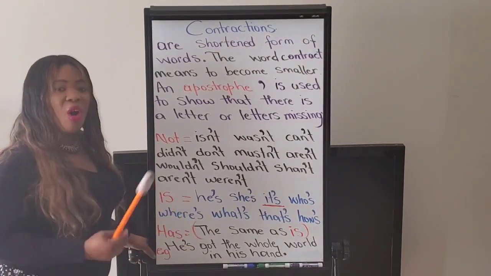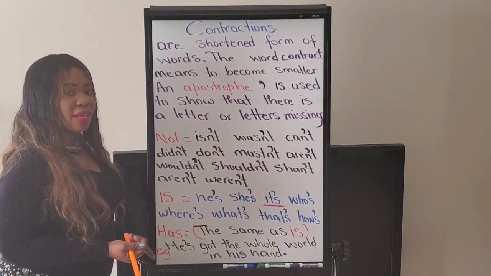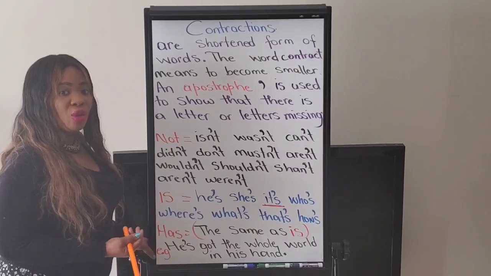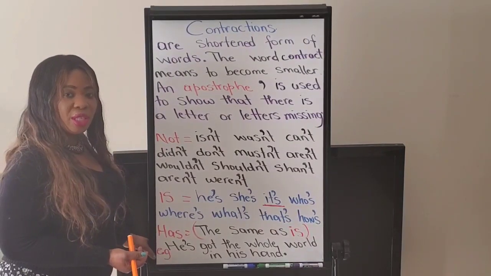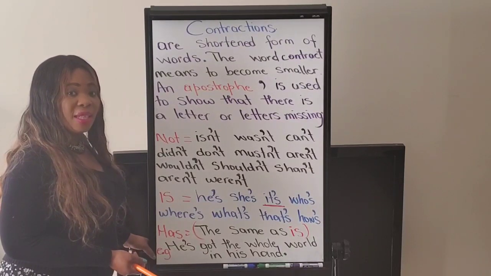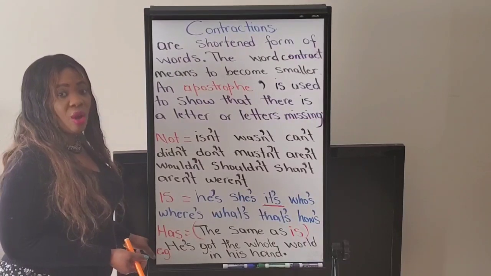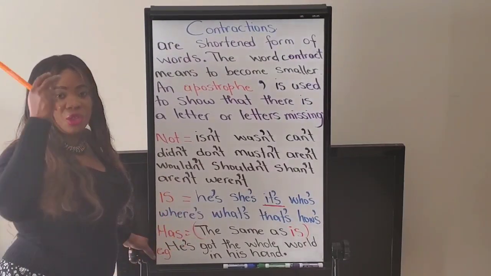So don't go ahead and call what you think should be there. Another thing to note is that contractions are not used in formal writing. If you're writing a story for your teacher, filling out an application, or writing a memo to your principal or someone important, then you do not use contractions.